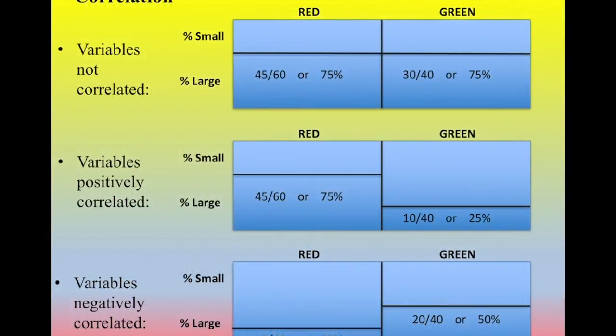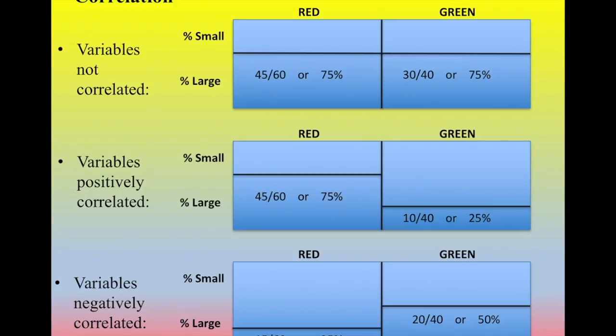In terms of how we will utilize correlation in our textbook, we will show a distribution of two variables in a population using these sort of rectangles that you see here. On this slide, there are three rectangles, 1, 2, 3. Each rectangle represents a different population of marbles.